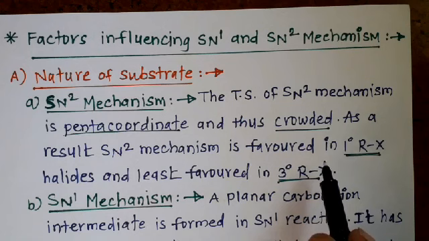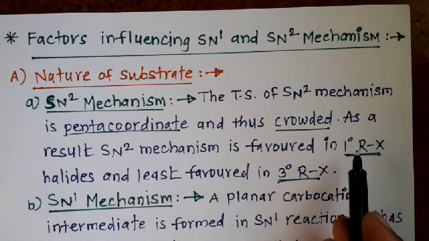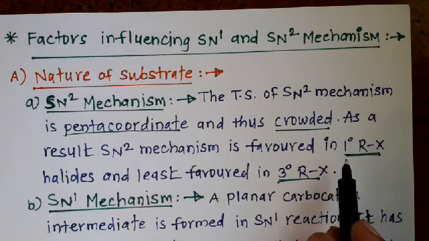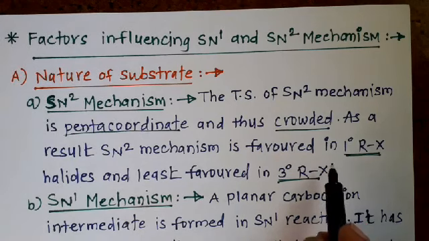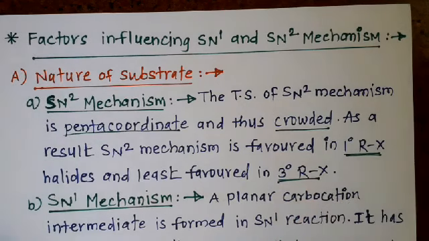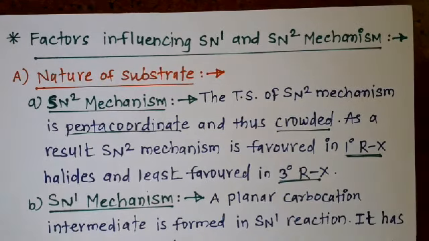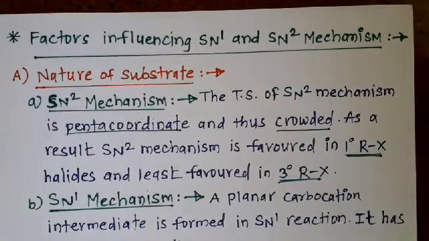Hence, SN2 reaction mechanism is more favored in primary alkyl halide, and least favored in tertiary alkyl halide due to the steric crowding of groups in the transition state. Here is the nature of substrate.